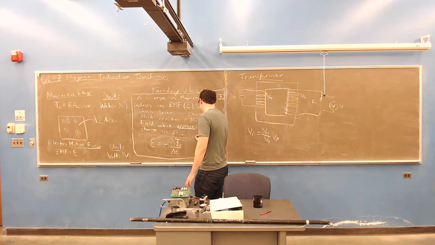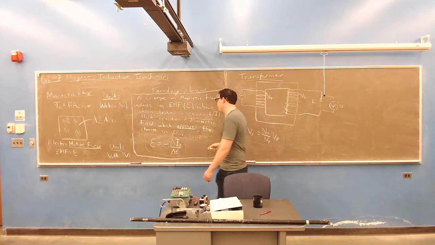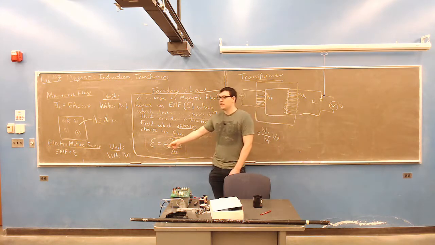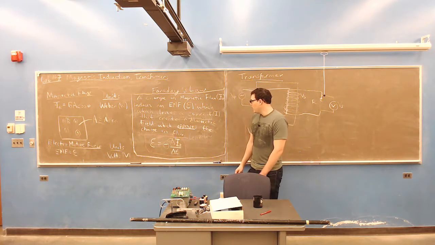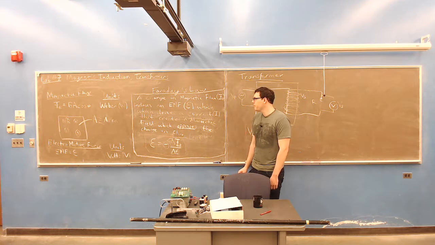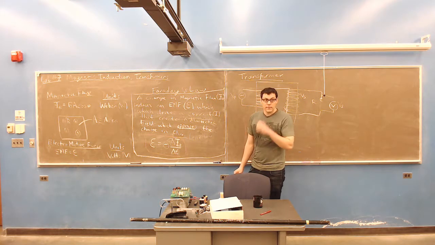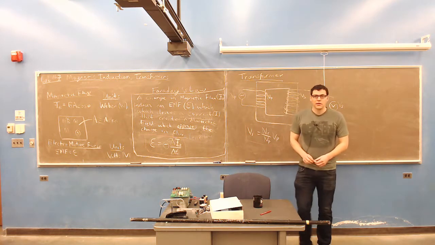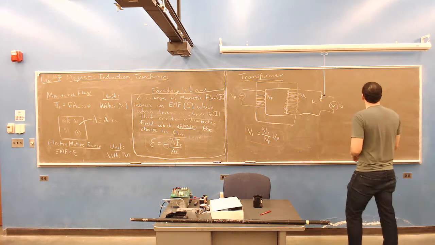Sometimes called Lenz's law. When Faraday first discovered this, he didn't put the minus sign there. A little while afterwards, Lenz came along and said, you forgot the minus sign. And so some people call it Lenz's law. Any questions? Let's do some examples.